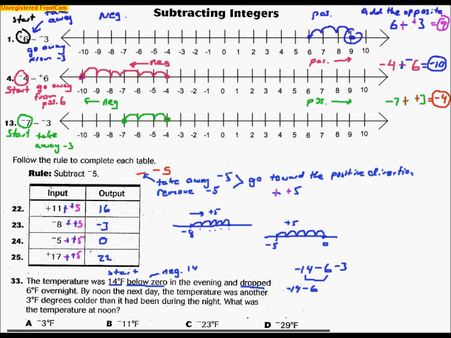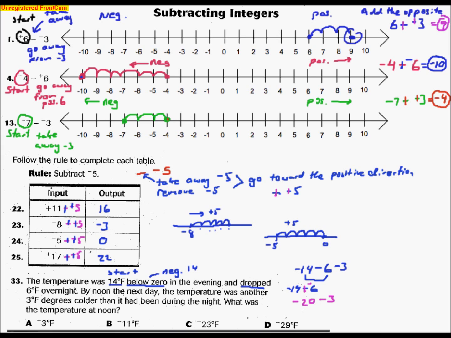You're at negative 14, way over here on the number line. But we are taking away positives, so that means we are adding negatives. It's getting colder, not warmer. So now it's negative 20 degrees when I combine those two. Now I need to take another 3 away.